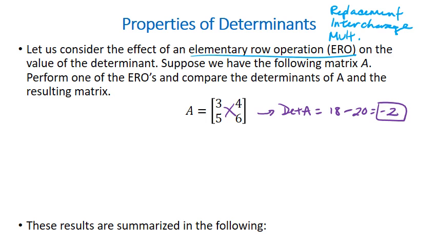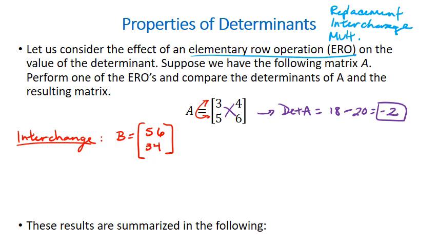Let's perform one of them on this 2 by 2 matrix and see what happens. Let's go ahead and swap these 2 rows. So we're going to interchange. And let's just call this matrix B for simplicity's sake. So the second row becomes the first, and the first row becomes the second. And let's go ahead and find the determinant of this.